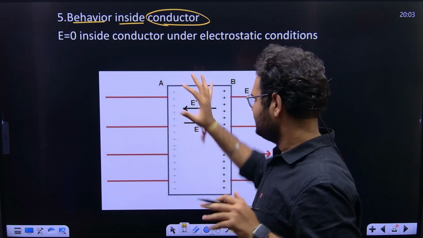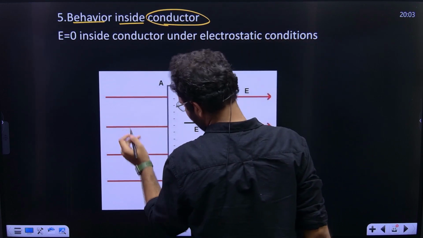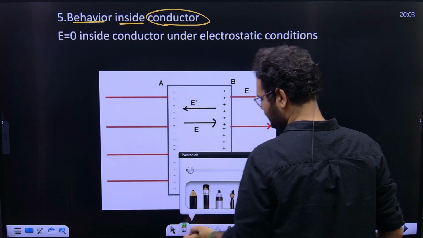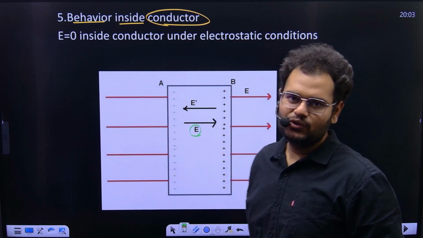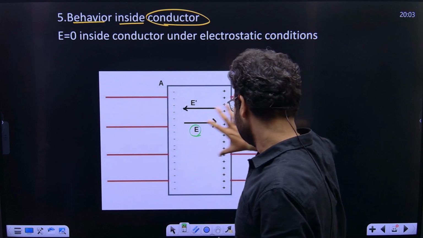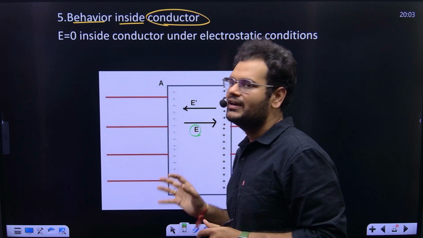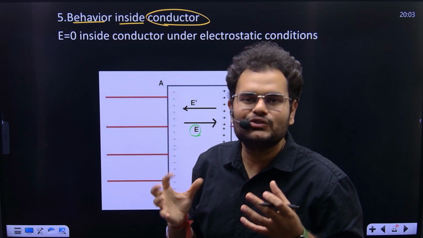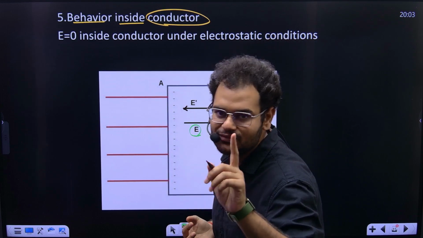Before that property, let us discuss this property first. Whenever an electric field, I will take a dark marker, E is the external electric field. What happens when the external electric field is created? That external field applies a force on the electrons. Now the electric field is towards the right, so the force on the electron, a negative charge, will be towards the left.